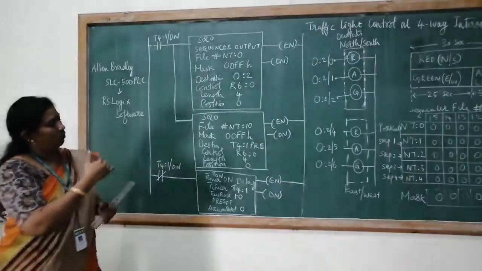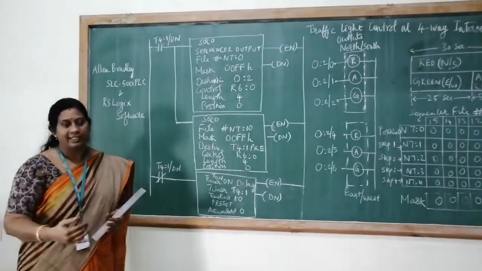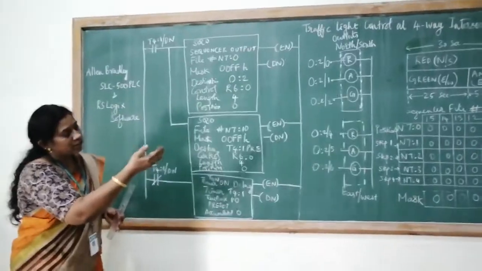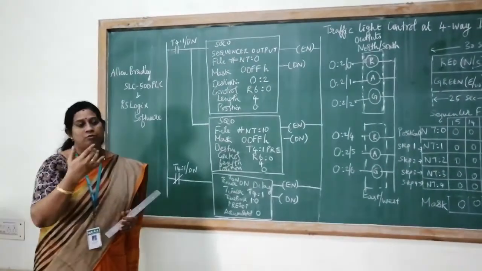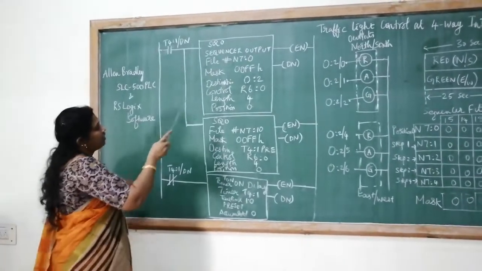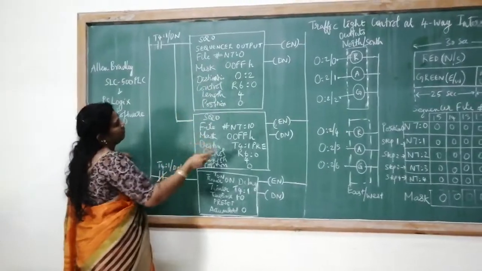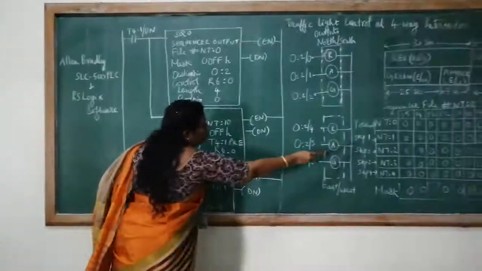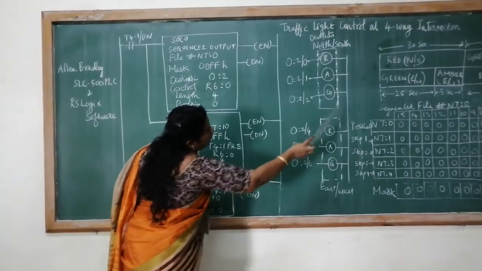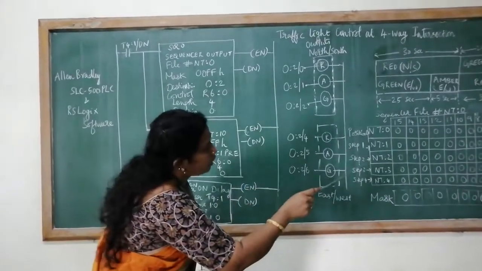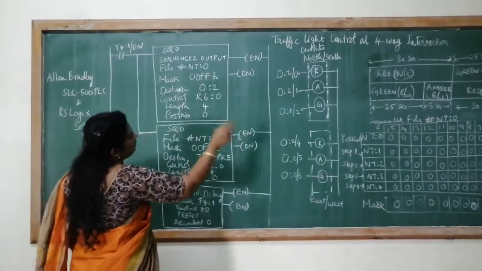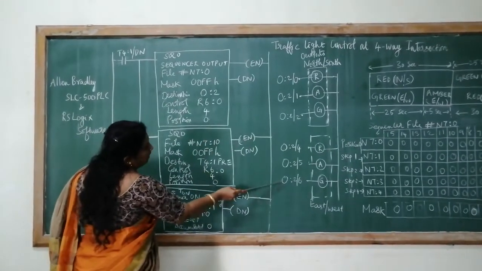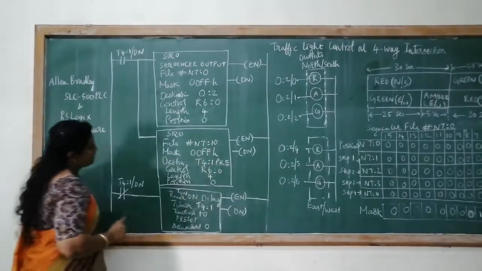Now let me explain the functionality, how this word file is being transferred for a particular time. Say, for example, I take position 1. This is step 1. Step 1 will be bit 0 and bit 6 made high.